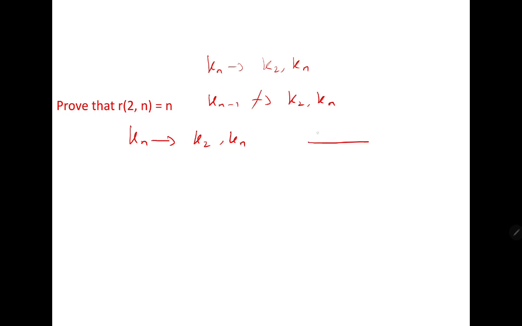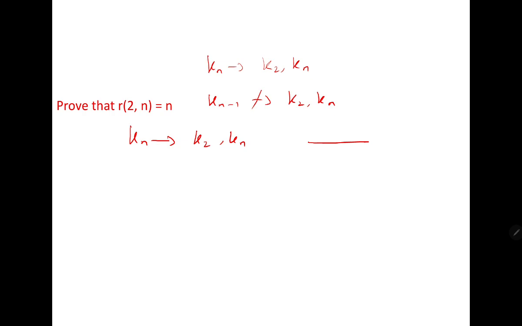Now let's try to prove R(2, n) is equal to n. The proof is very simple. We just need to understand what needs to be proved. We need to prove that K_n goes to (K2, K_n), and K_(n-1) does not go to (K2, K_n). To prove K_n goes to (K2, K_n), recall that K2 is simply an edge.